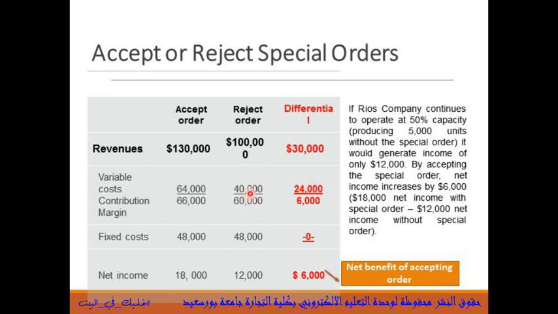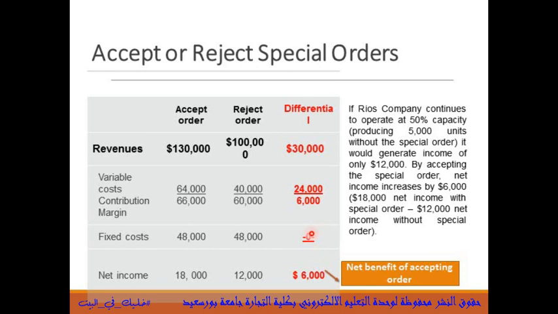Contribution margin will increase from $60,000 to $66,000. So contribution margin will increase by $6,000 if the special order is accepted. Fixed cost will remain the same under the two options. If the special order is accepted or rejected, fixed cost will be $48,000. That's why fixed cost is not incremental cost.